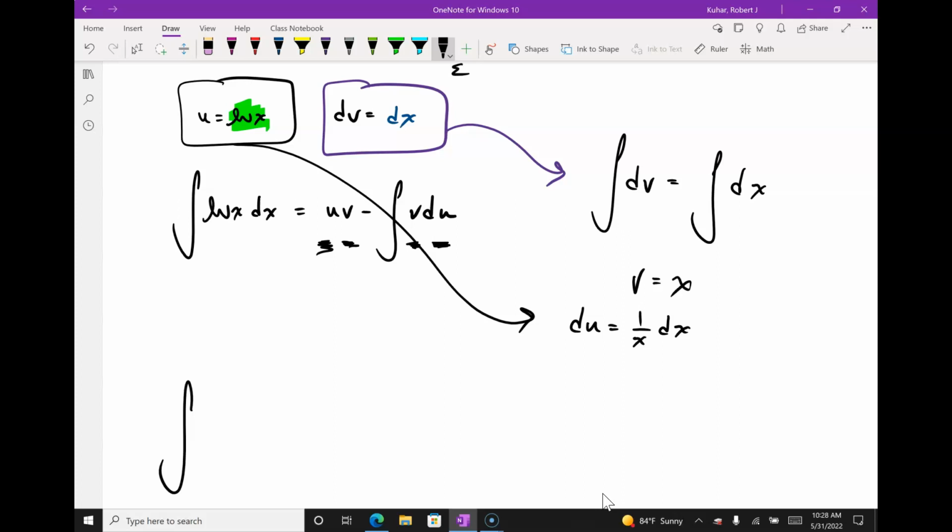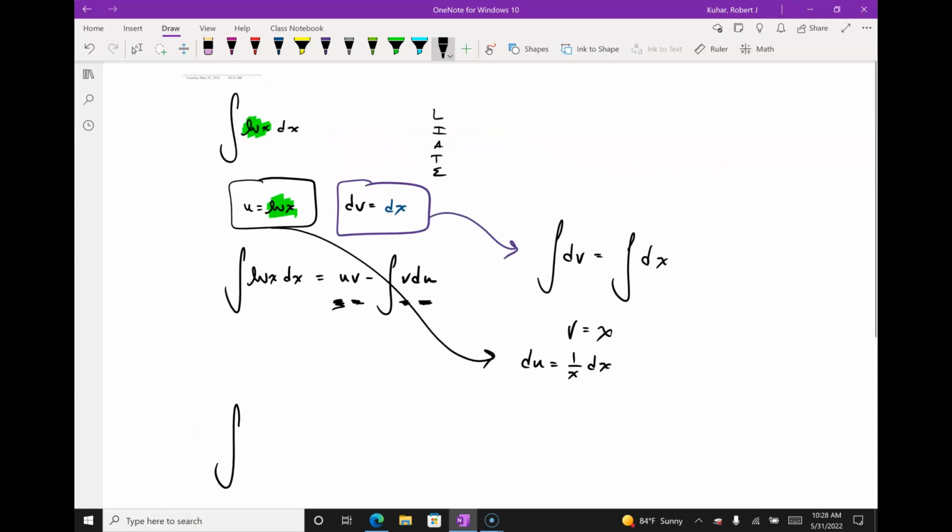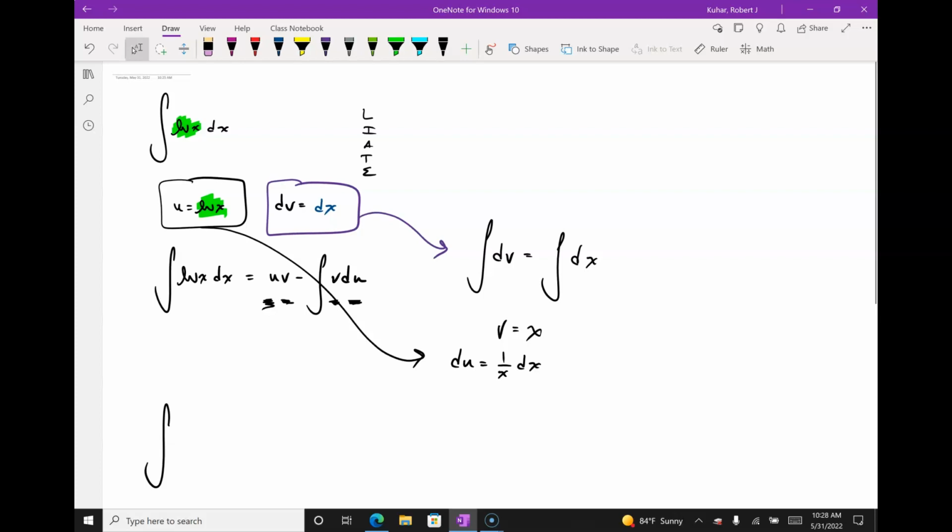If you look at the formula, uv minus the integral of v du. So u and v and du. Some of them are easily found, some are not. But I'm trying to organize myself this way.